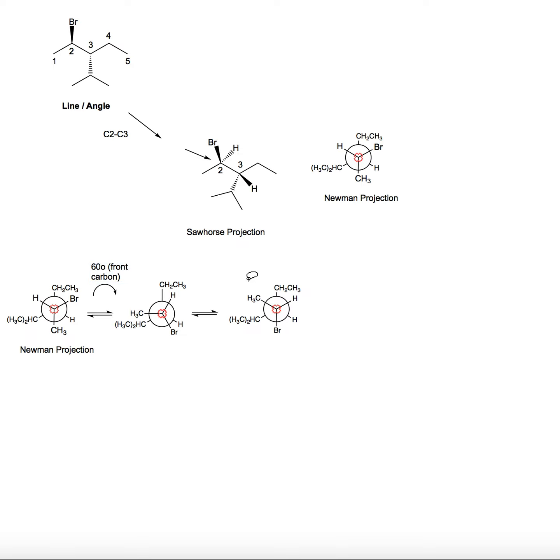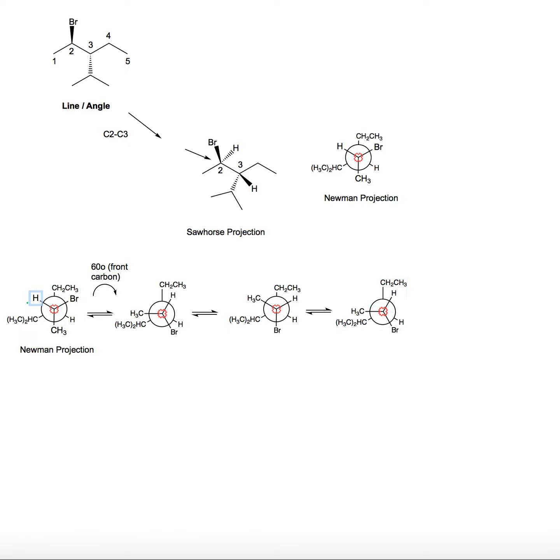And that's what we're doing every single time. 60 degrees, we're going from staggered to eclipsed. Another 60 degrees, we're going from eclipsed now to staggered. Another 60 degrees will take us back to another eclipsed.